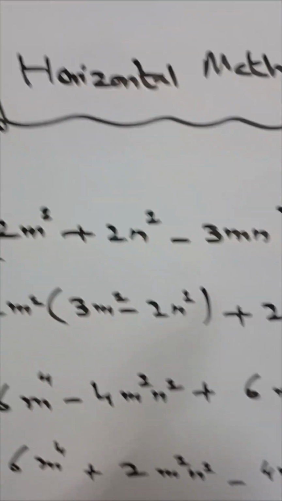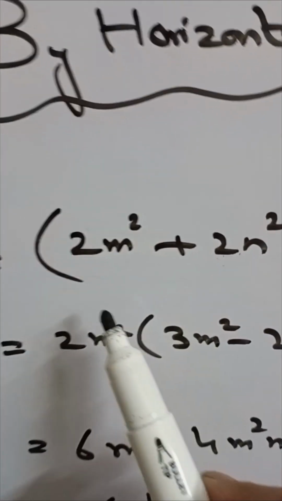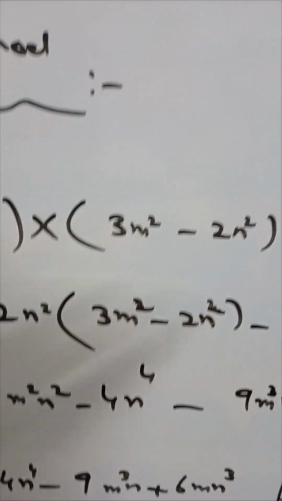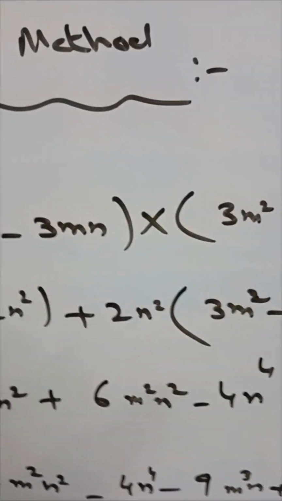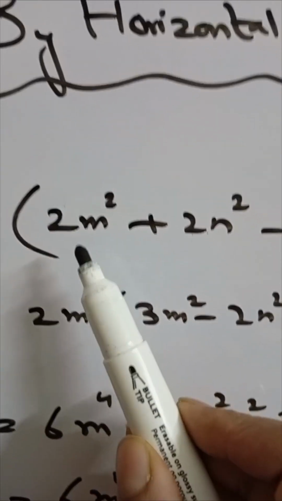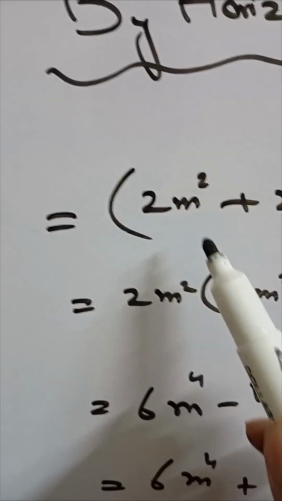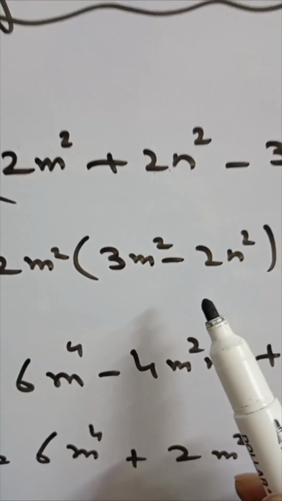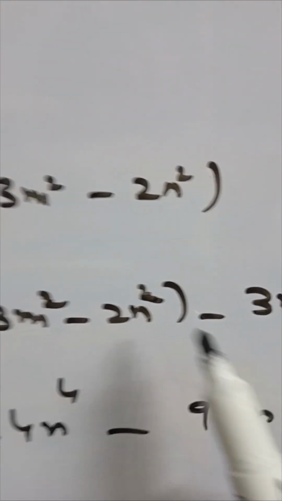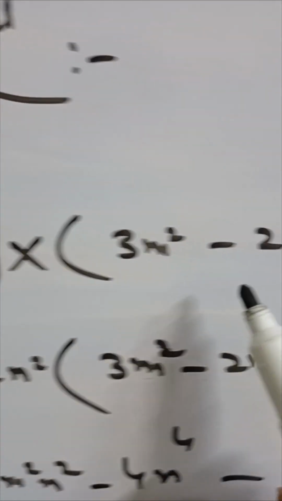So let's begin. As you know, in multiplication, we have to multiply the whole term with the next whole term. I can easily do it like that for your convenience. It means each and every term multiplies the whole term. 2m² multiplies the whole term, plus 2n² multiplies the whole term, minus 3mn multiplies the whole term.